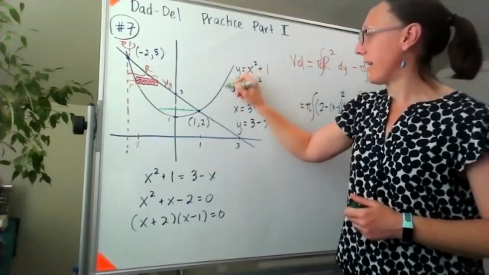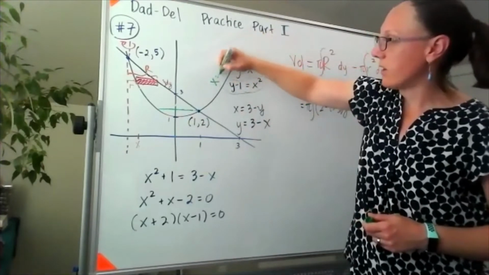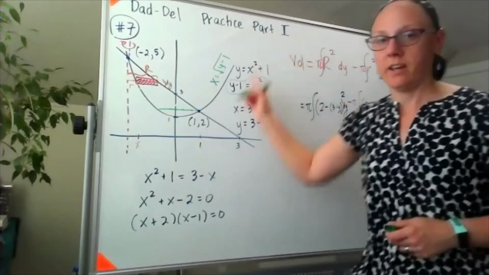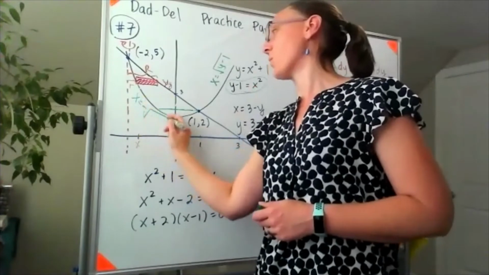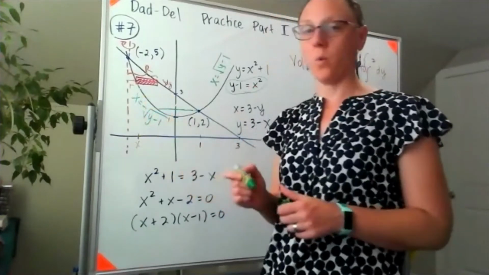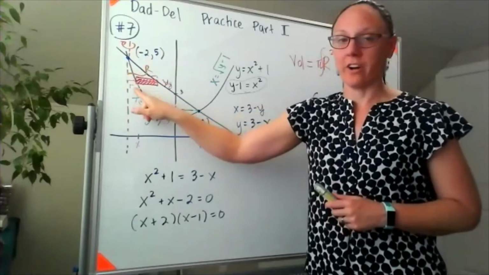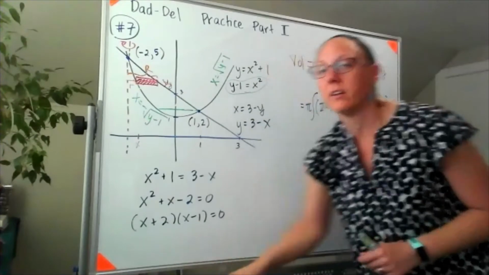This function right here actually turns into x equals the positive square root of y minus 1. And on this side, x equals the negative square root of y minus 1. It's this side that forms our inner radius when our cross section is up here.